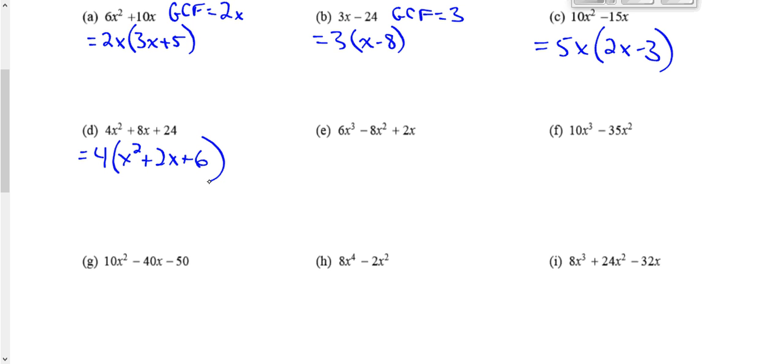How about that for D? How many got that? Raise your hand. Factored out 4. You're left with x squared plus 2x plus 6. One person? That's fine. Not necessary, but it's fine. You got that? Okay. But you guys that didn't get it, did you have a 4x out in front, maybe?